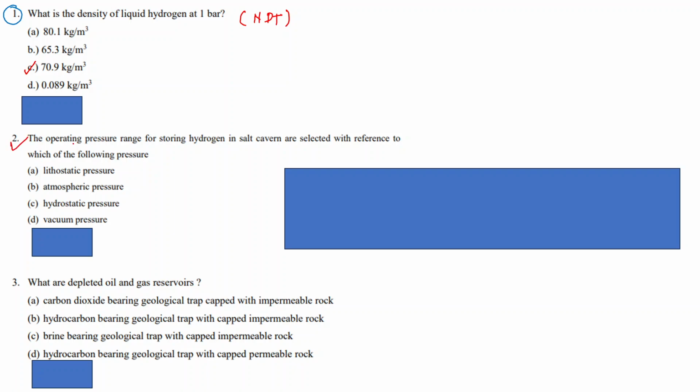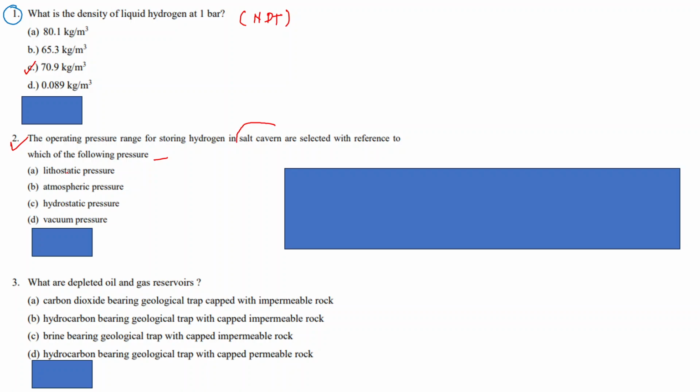Second question: the operating pressure range for storing hydrogen in a salt cavern is selected with reference to which of the following pressures? Is it lithostatic pressure, atmospheric pressure, hydrostatic pressure, or vacuum pressure?